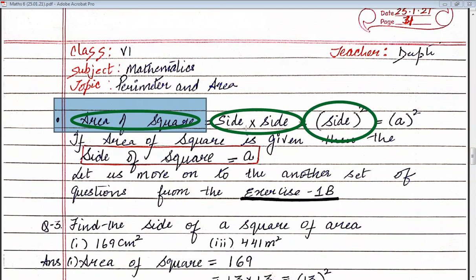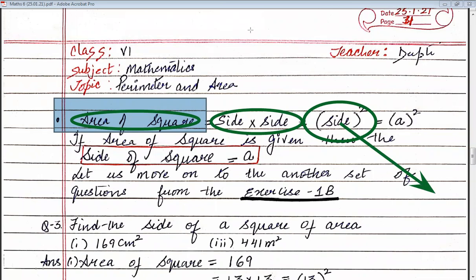Whatever side is given, you will write in side square. So this will come as the side of a square. Is it clear? Now children, you will be more clear when we discuss the question.